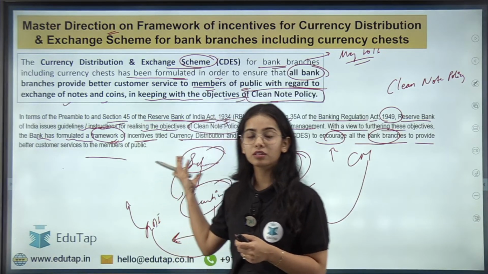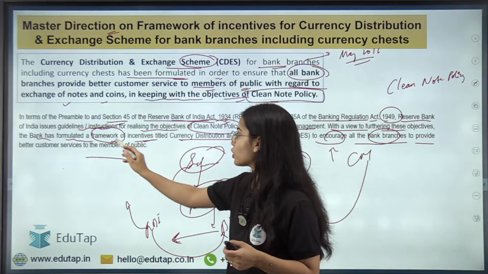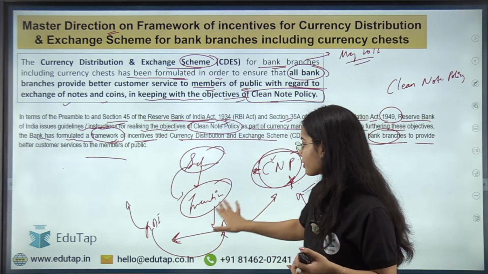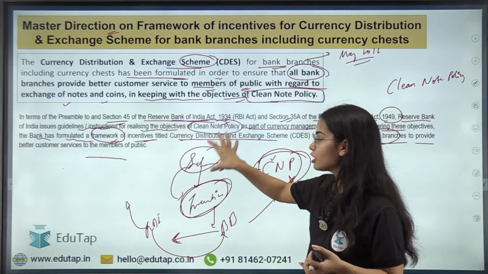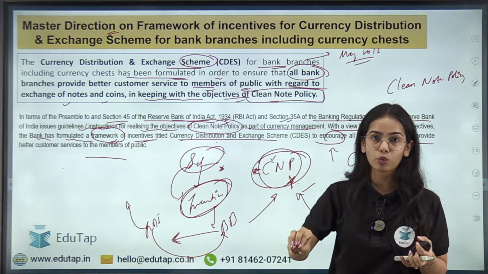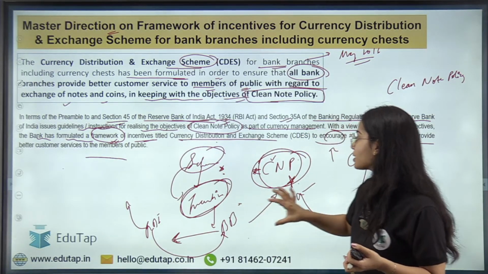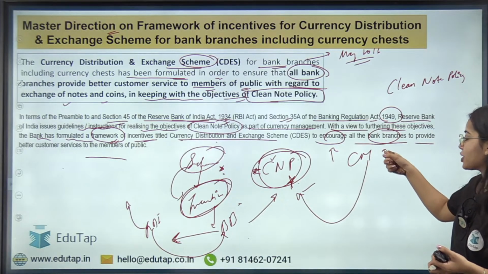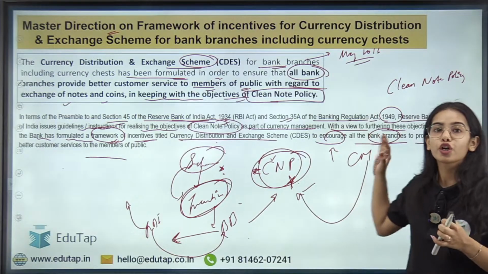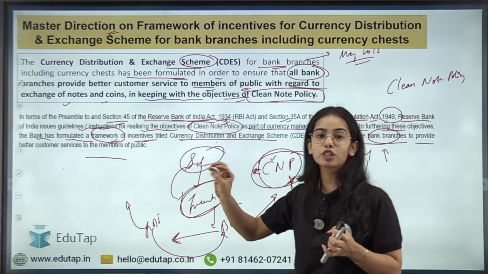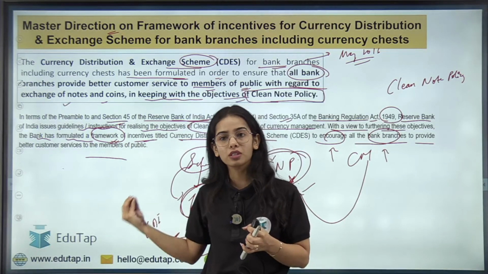Last point. Basically, incentives are provided. There is a framework of incentive under this scheme, laid down for providing incentive to the bank branches, so that they are encouraged, because if the bank branches are getting the incentive, they will be encouraged to provide better customer service to their customers in regards to currency.